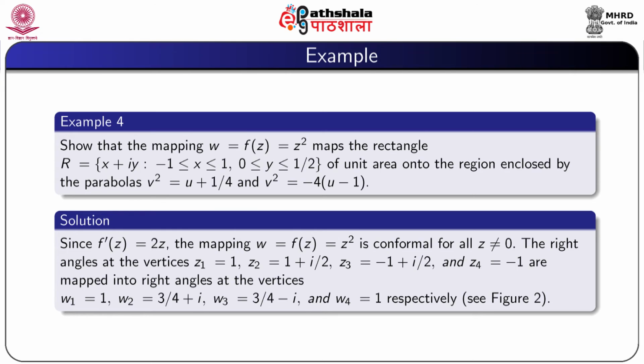Solution: since f(z) equal to z square, we have f dash z equal to 2z and the mapping w equal to z square is conformal for all z not equal to 0.